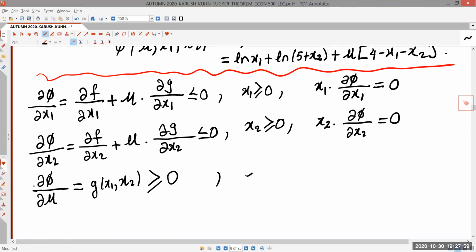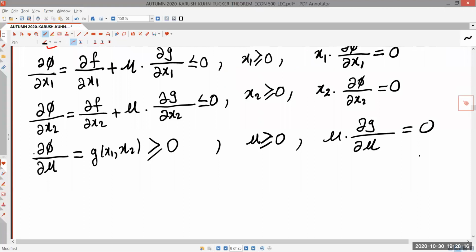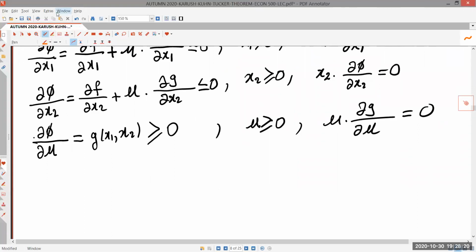And also we require, you have to be careful, mu should be either greater than 0 or equal to 0, and this multiplication must give me 0 as well. So these are the first order conditions.